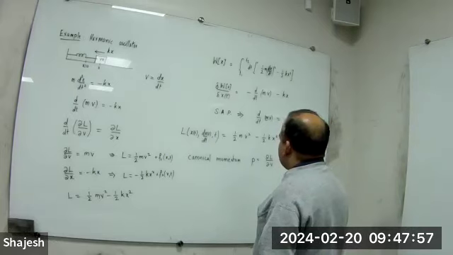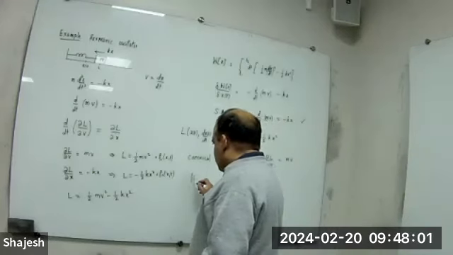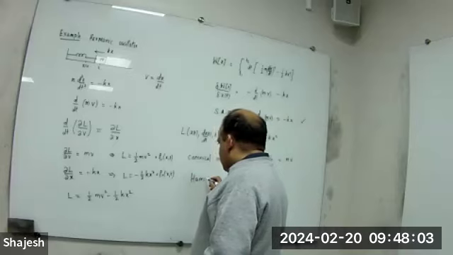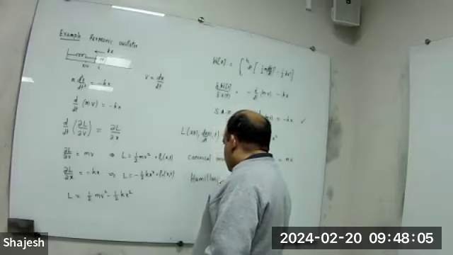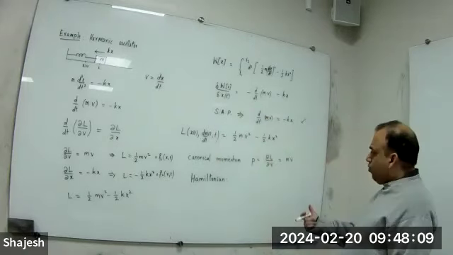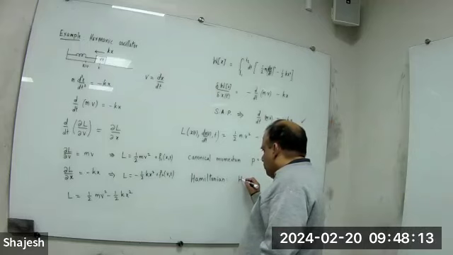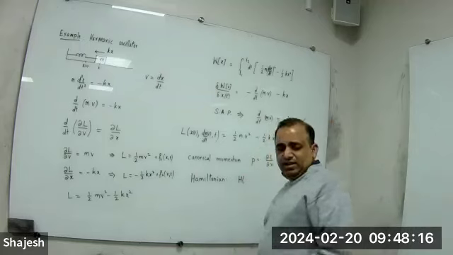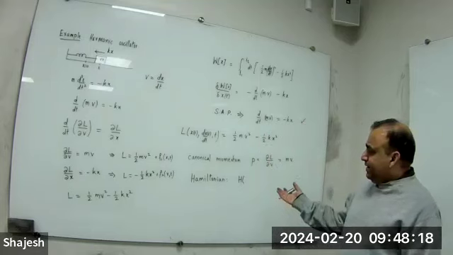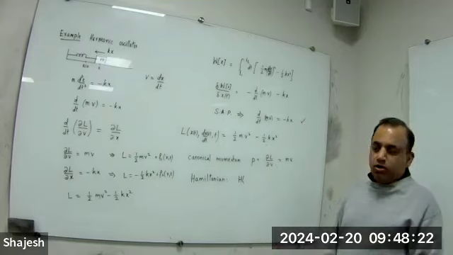But once you have the momentum, then you can define the Hamiltonian, which always is by construction. It will not depend on velocity.